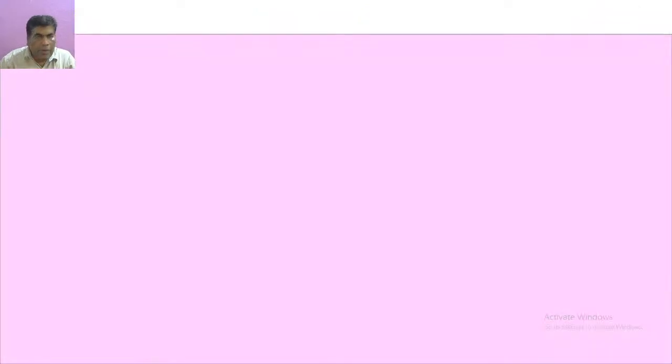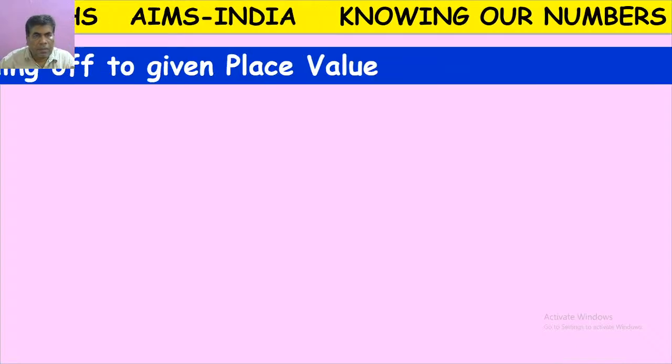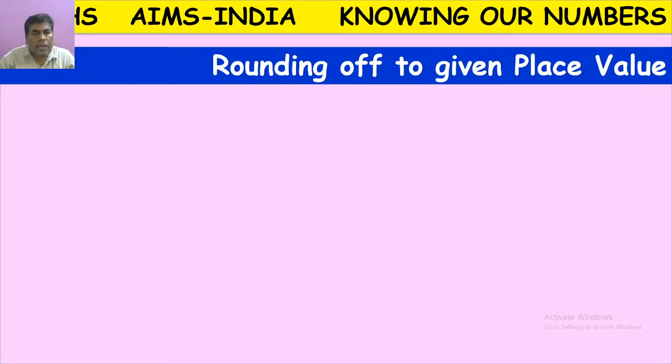So today we are going to start another concept from the same chapter, and that is rounding off to a given place. It's a new concept, and the concept name is rounding off to a given place value, because they may ask us to round off to tens place.